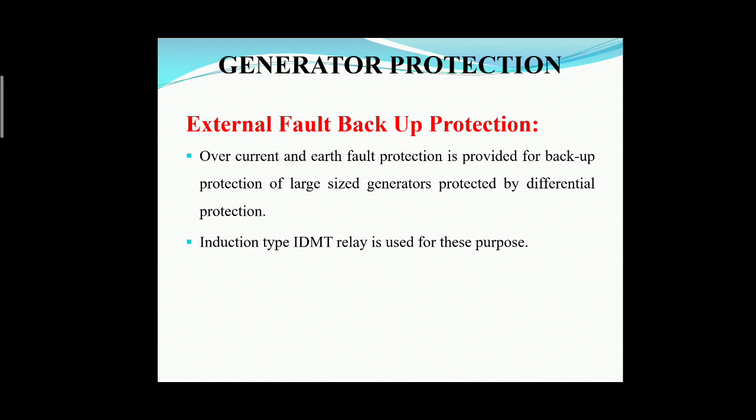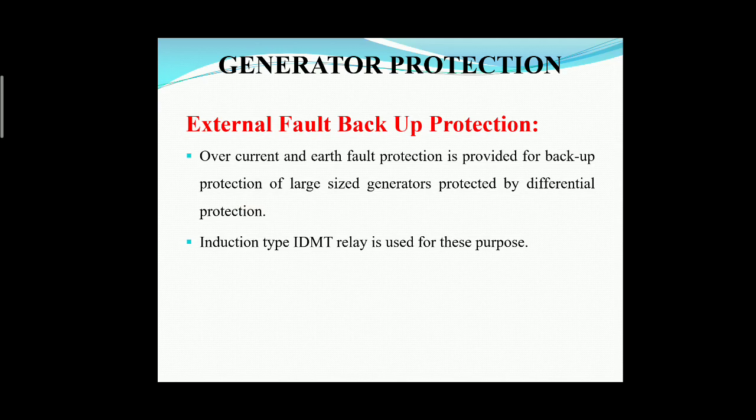In differential protection, at both ends of the winding we connect the CTs. Under normal operating conditions, there is no difference between the CT1 current, that is I1, and the CT2 current, that is I2. The algebraic sum of these currents will be equal to 0 under normal operating conditions.